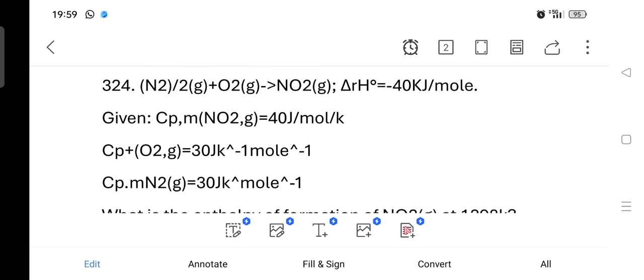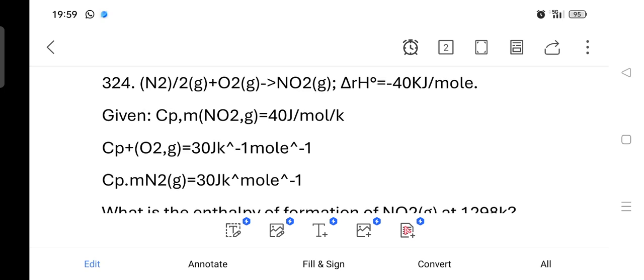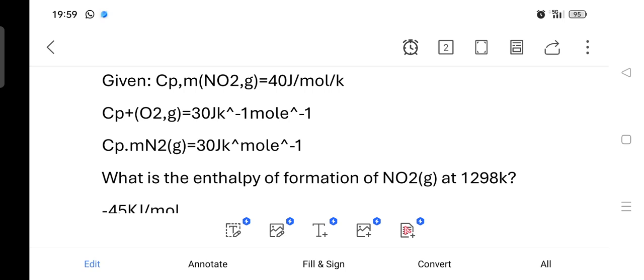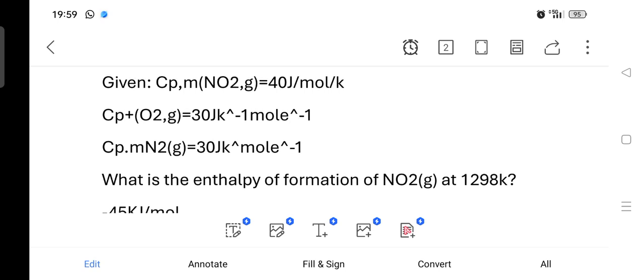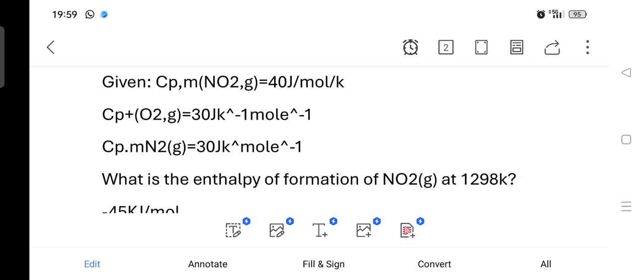Given Cp of NO2 gas is equal to 40 J per mole per Kelvin, Cp of O2 gas is equal to 30 J per K per mole, Cp of N2 gas is equal to 30 J per K per mole.